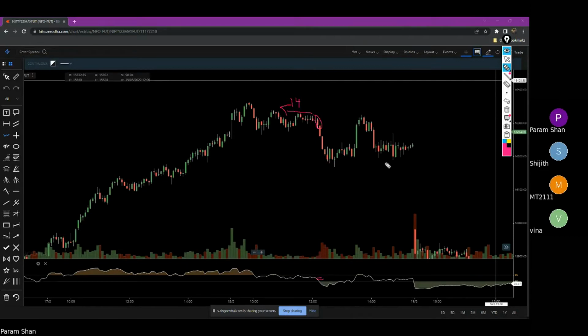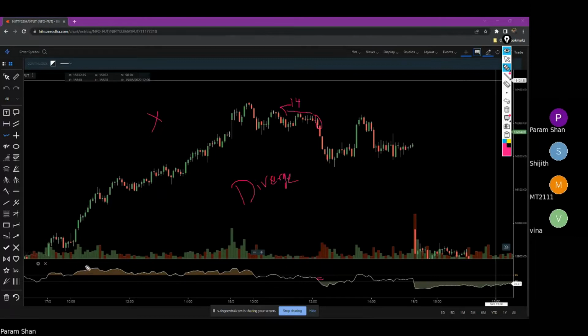One thing you need to remember, RSI is not a delayed indicator. It's a live indicator. Sometimes RSI will tell you what is going to happen next by forming divergence. What is the meaning of divergence?